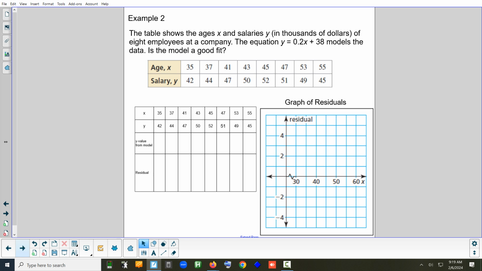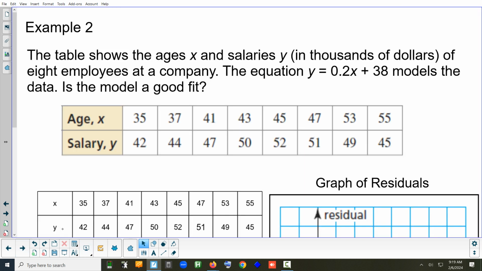Okay. And you do not have to find the model. They give you the model. What's the model that they give you to use?